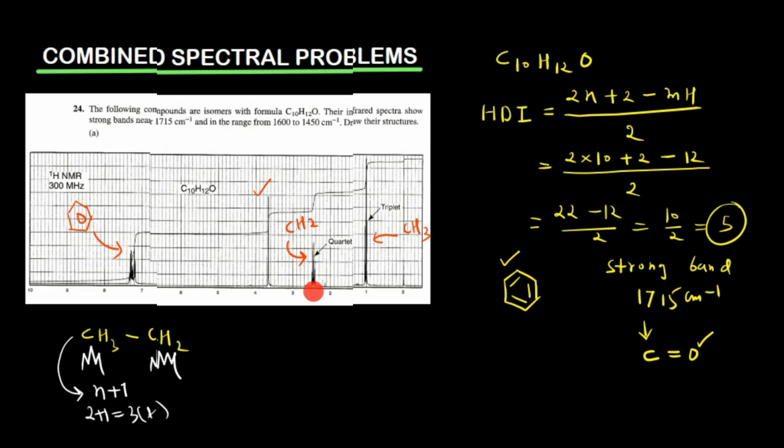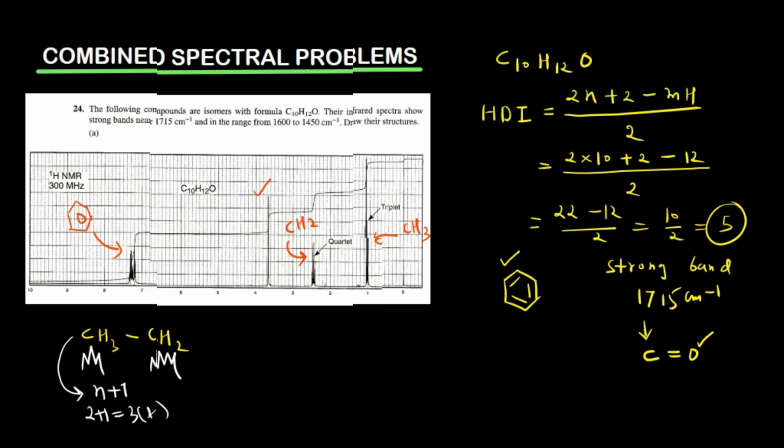That's why it is resonating at around 2.0 ppm. Otherwise, if it was not connected with the carbonyl group, it would resonate somewhere around 1.2 or 1.3 ppm, very close to the CH3 group. But it is very far from the CH3 group, resonating at 2.2 ppm somewhere. It is indicating that the CH2 is connected with the carbonyl group.